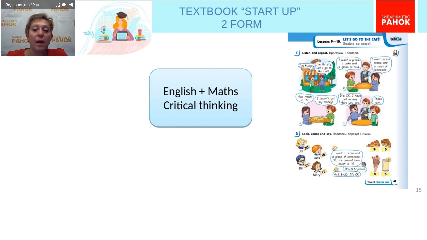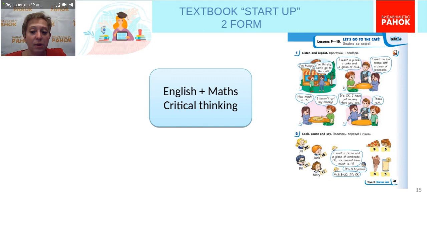Here is another lesson. And you can see exercises where pupils need their ability to count well, and they also train critical thinking, because exercise 2 gives the example of the task when pupils have got a sum of money and they need to make a choice.